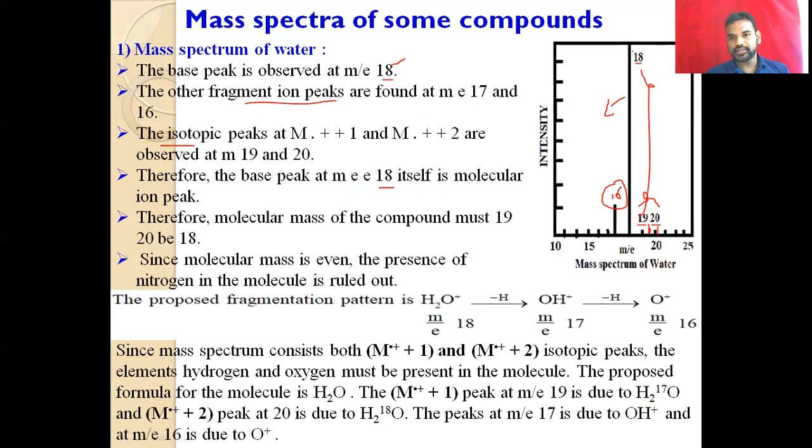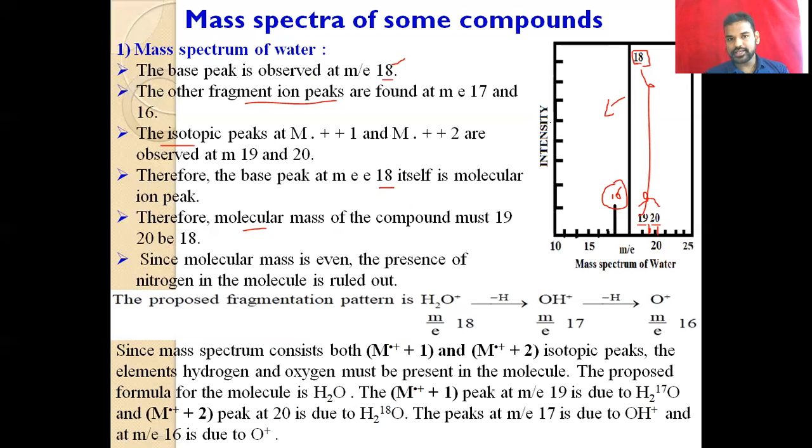This is given by the mass spectrometer. It will give the information of the base peak and the molecular ion peak. Therefore, the molecular mass of the compound must be 18. If there is any peak after the molecular ion peak, it is always an isotopic peak.